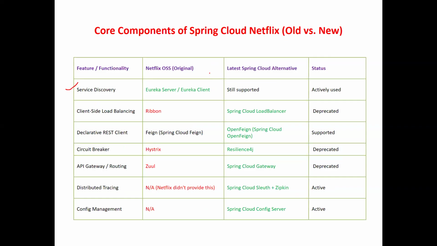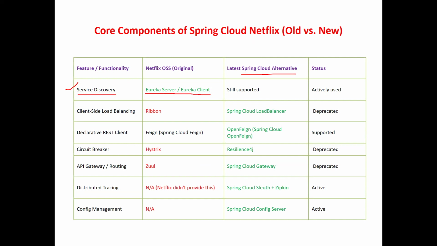If you see the first feature, called service discovery, Netflix gave it, and previously we completely depended on the Netflix team. Later, the Spring team introduced their own libraries instead of depending on Netflix. For service discovery, Netflix gave Eureka server and Eureka client.